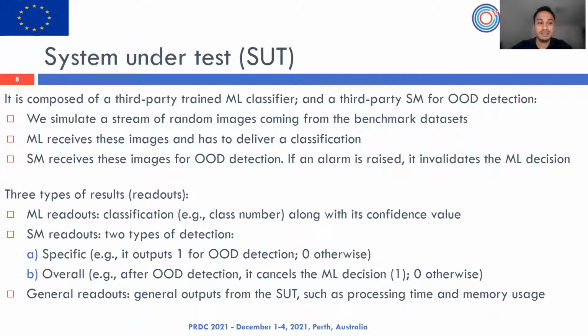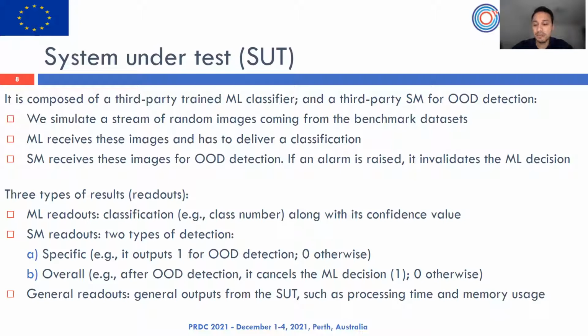And the system under test is composed, as I mentioned, of the safety monitor and machine learning. We give an incoming image both to the machine learning model to give a prediction and to the safety monitor to detect if it's out-of-distribution data. So this produces 2 kinds of outputs. The first one is specific to the OOD detection, and the second one is regarding the overall performance of the system.